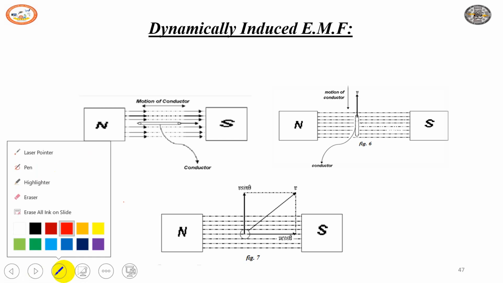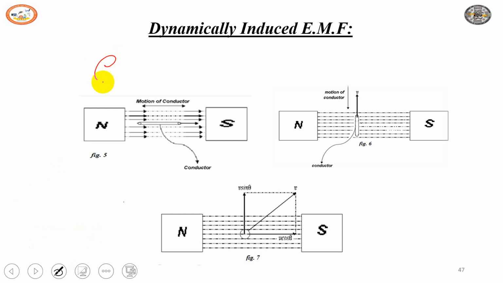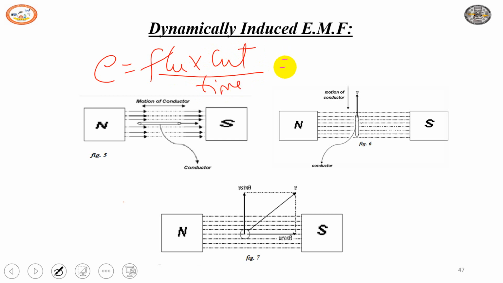We can write the mathematical equation for this as E is equal to the amount of flux cut divided by time. How much flux is cut, that is phi, we have written in the earlier equation: B into L into dx by dt.